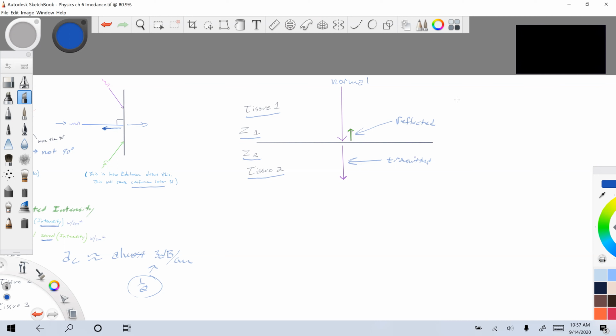So, is there a mismatch? Mismatched Z, yes, because there's an echo. If there were no echo, Z1 and Z2 would be equal.